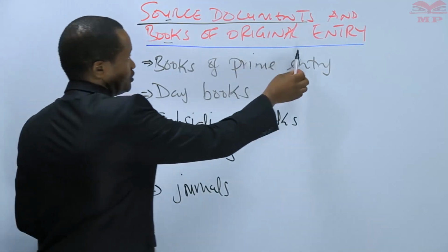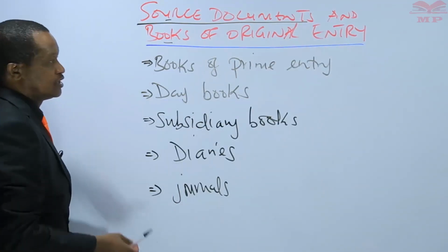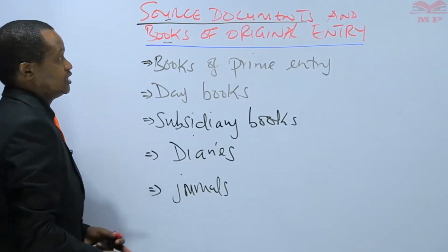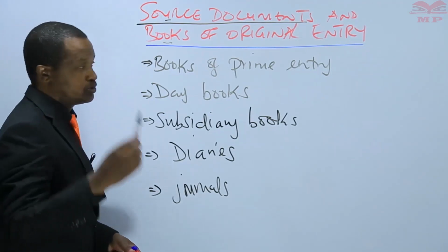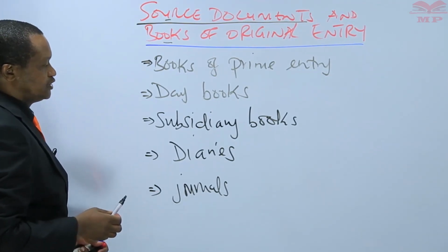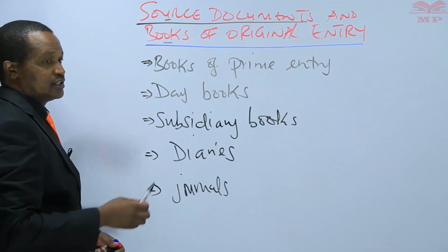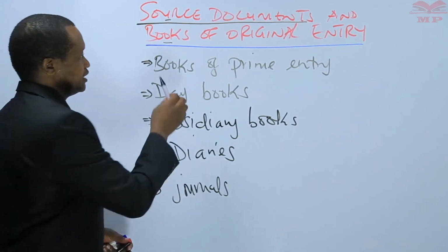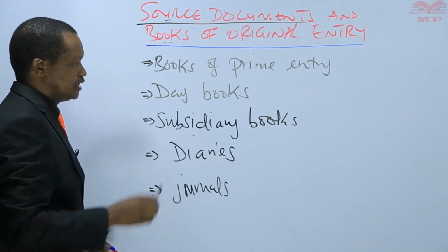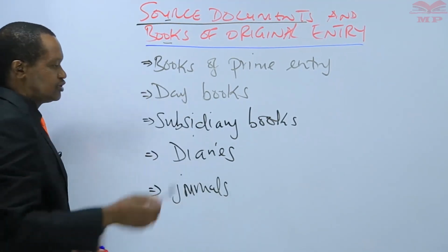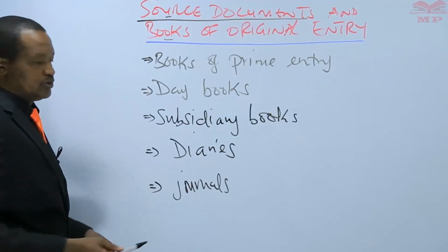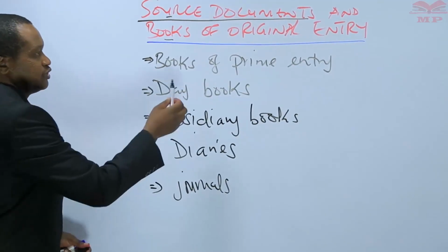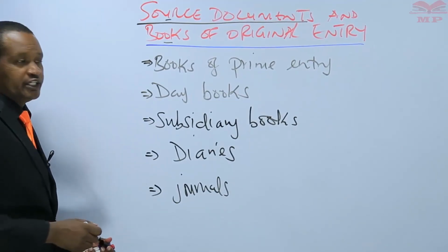There are other books like the ledgers. A ledger is a book, but it is not a book of original entry. So I'm repeating, learners, we use source documents to make entries in the books of original entry, or the subsidiary books, or the diaries, or journals, or books of prime entry.